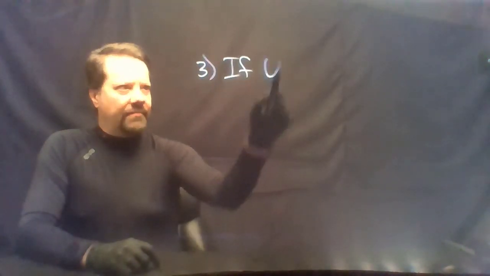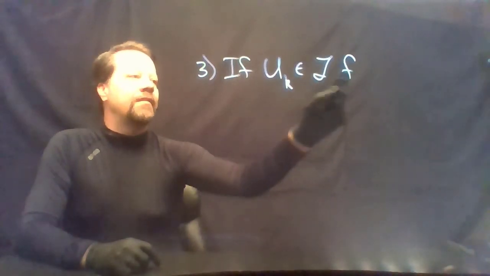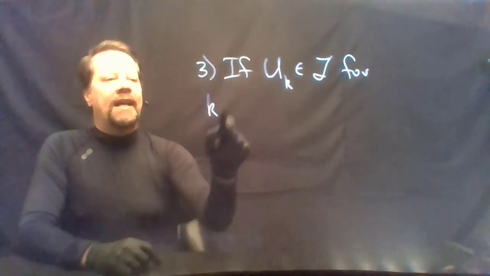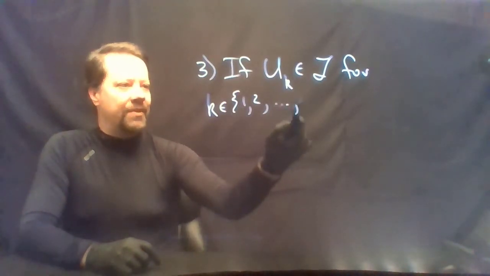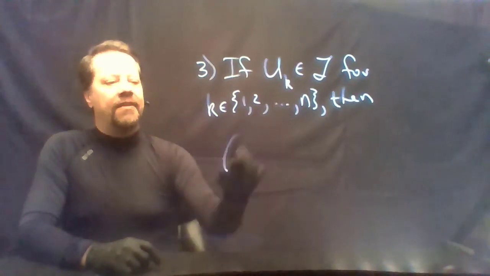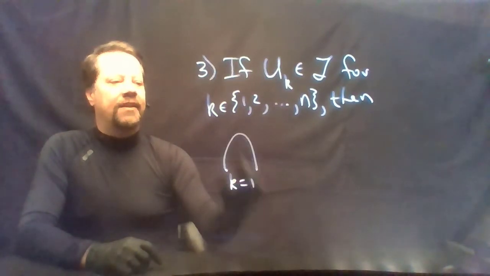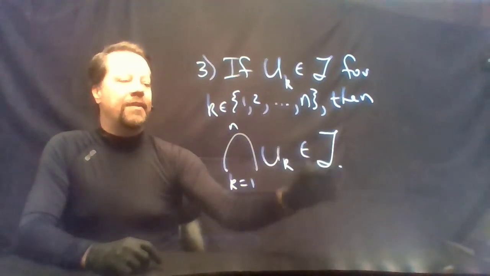Finally, if U sub k is an element of the topology for k lying in some initial segment of the set of natural numbers, then the intersection, as k goes from 1 to n of U sub k, will also be an element of the topology.